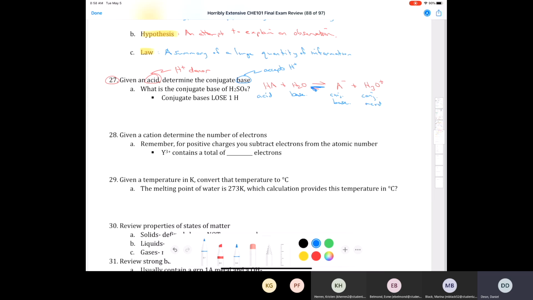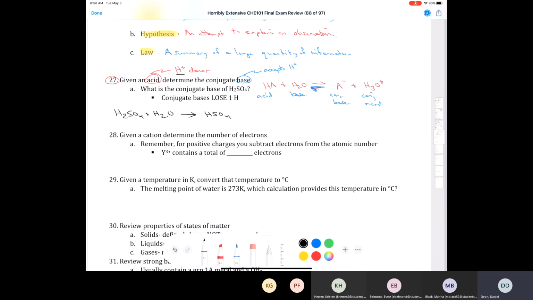to reform water. So what would the conjugate base of sulfuric acid look like? If I take sulfuric acid and put it in water, sulfuric acid is going to donate a proton, singular. Sulfuric acid is a strong acid, so I would be left with HSO4, not H2.